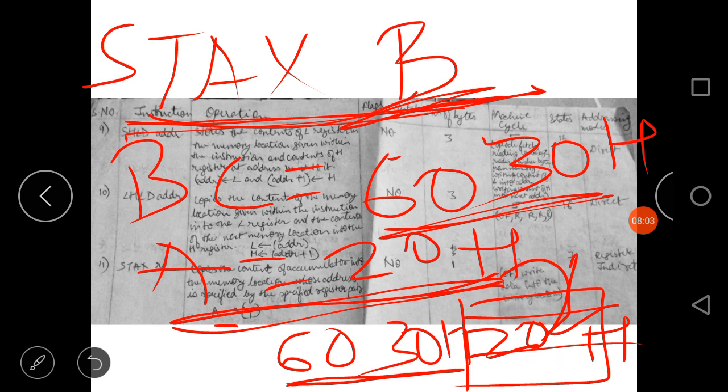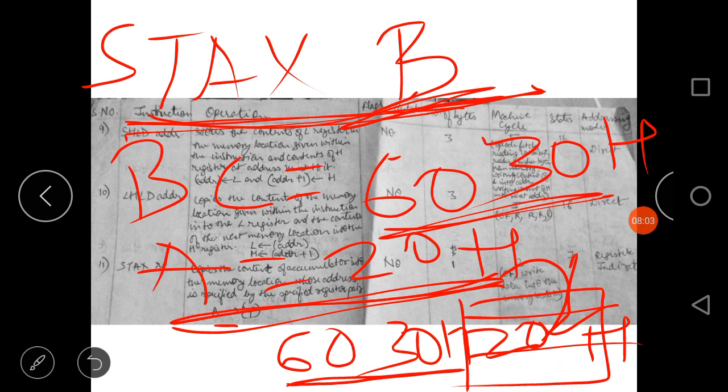After fetching and decoding it, the microprocessor will get to know that it has to store the content of the accumulator into a certain address. That address is also present with the microprocessor because it is the content of the register pair. So the first machine cycle is for opcode fetch and decoding it.